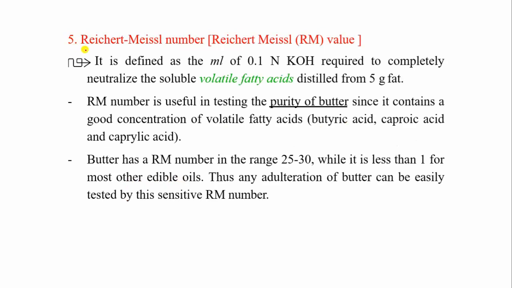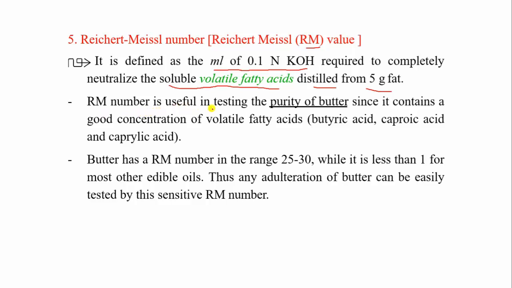Now, Reichert-Meissl number. It is also known as RM value. It is defined as the ml of 0.1 normal KOH required to completely neutralize the soluble volatile fatty acids distilled from 5 grams of fat.